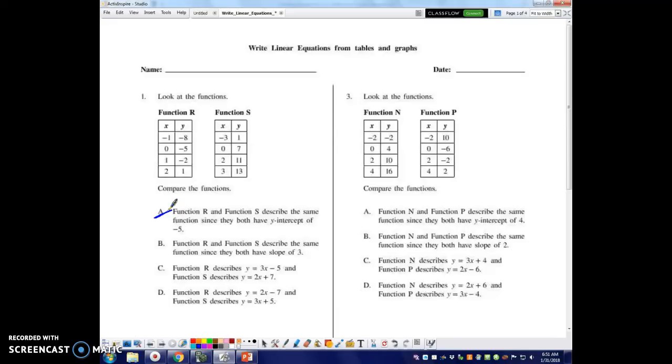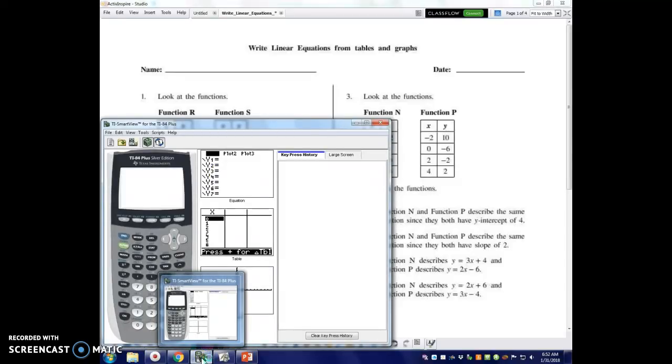Function r and function s describe the same function, so they both have a slope of 3. Well, we don't know the slope yet, so function r describes this line, and function s describes this line, okay? So we need to figure out what the equations are for these two tables. So we have stat, remember?